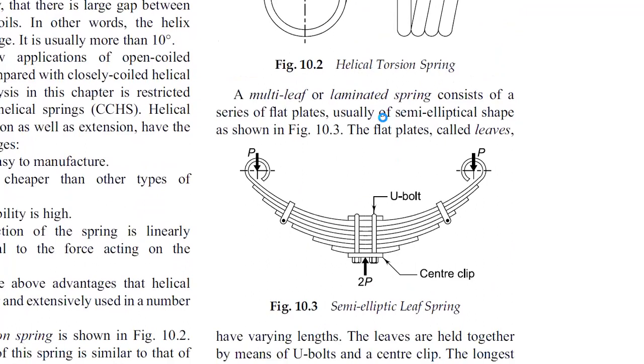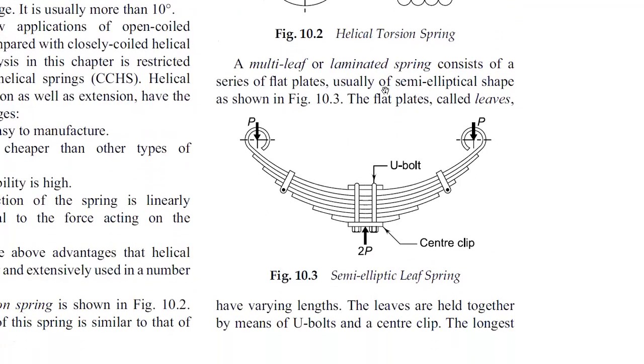Then we have a multi-leaf, or we can say laminated spring. Now we can see one kind of spring, a semi-elliptic spring, in front of you. After looking at this kind of spring in this figure, can you please tell me, have you seen this kind of spring anywhere?